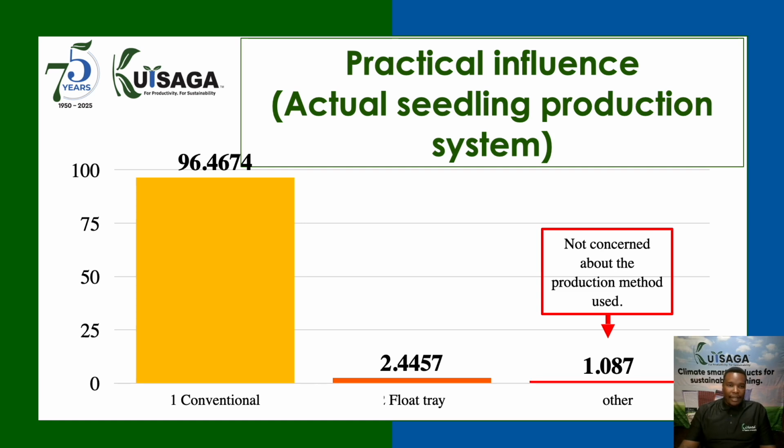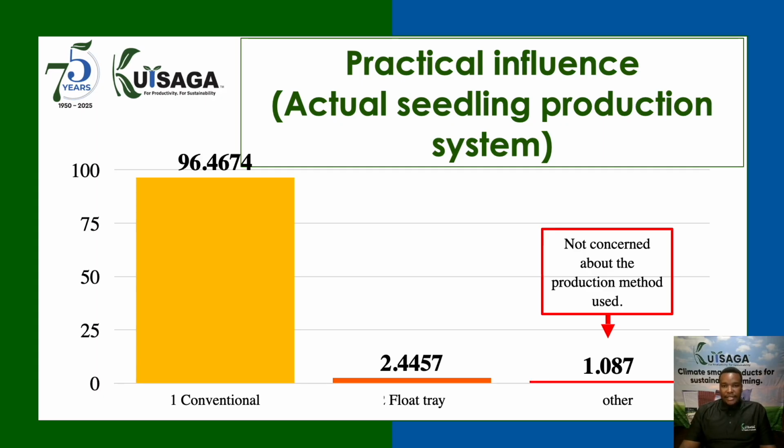So what we realized is that practices to do with seedling production, right? If you can look at the graph that I'm showing you right now, it demonstrates that about 82% of tobacco growers are using the conventional system. As much as I've explained all the benefits of the float tray system, we still realize that a lot of the growers in Zimbabwe are heavily reliant on the conventional system, 82% and more.